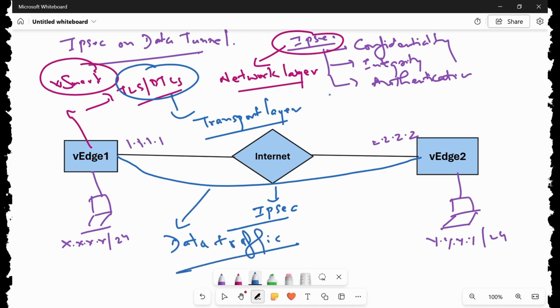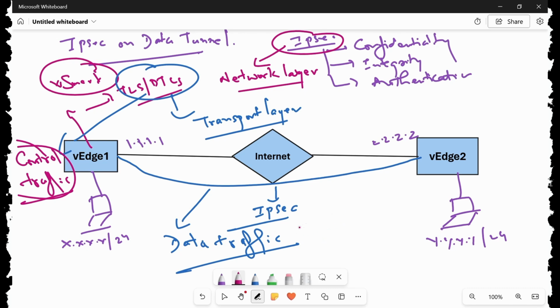And the tunnels formed with a control device carry control traffic, as in control policies.